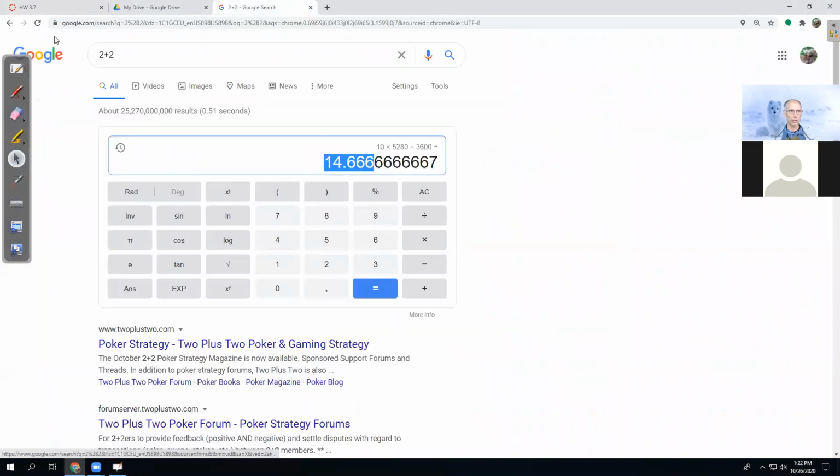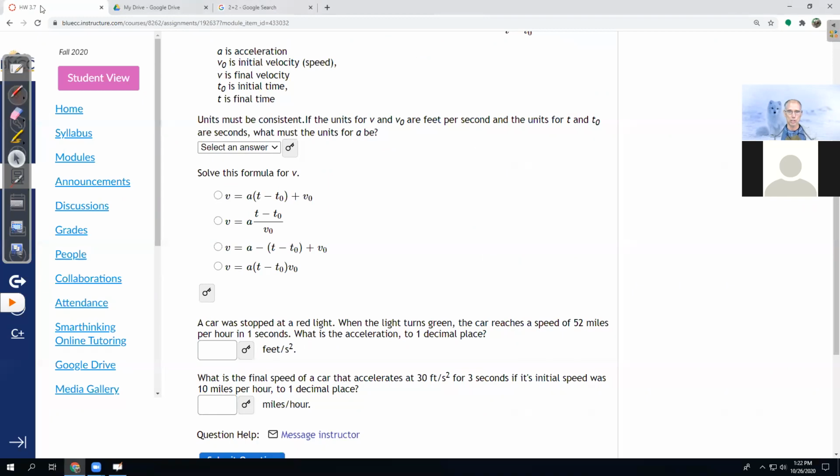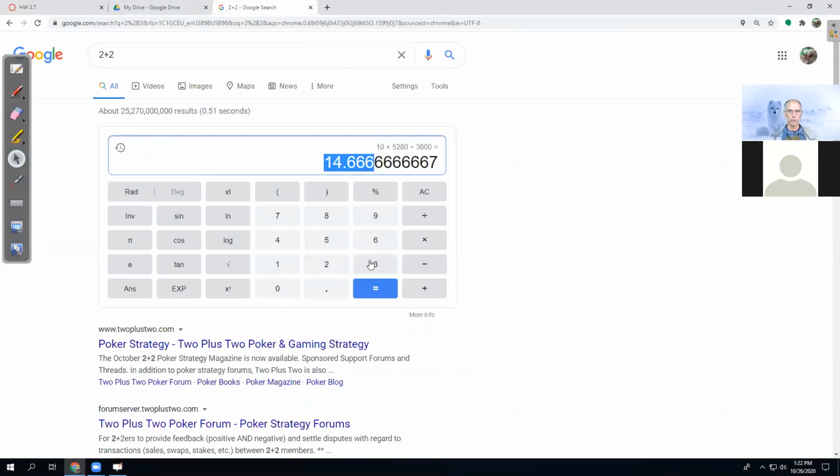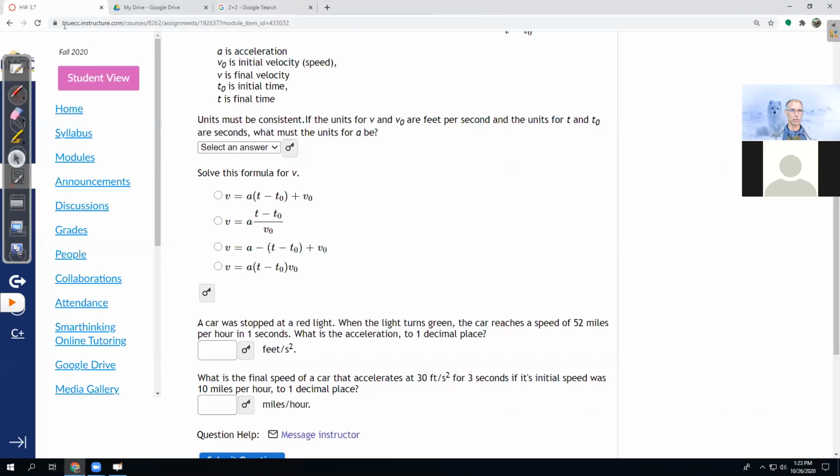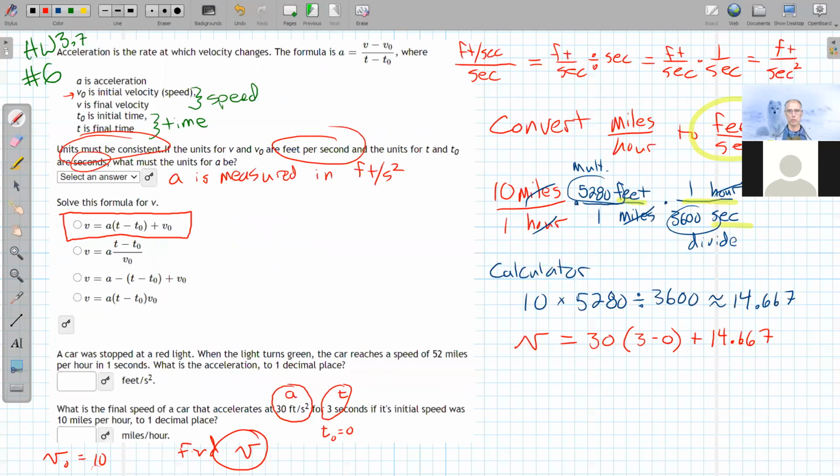So I have 30 times parentheses 3 minus 0 if I want to be complete, plus that approximate conversion of 14.667. And so I get 104.667.